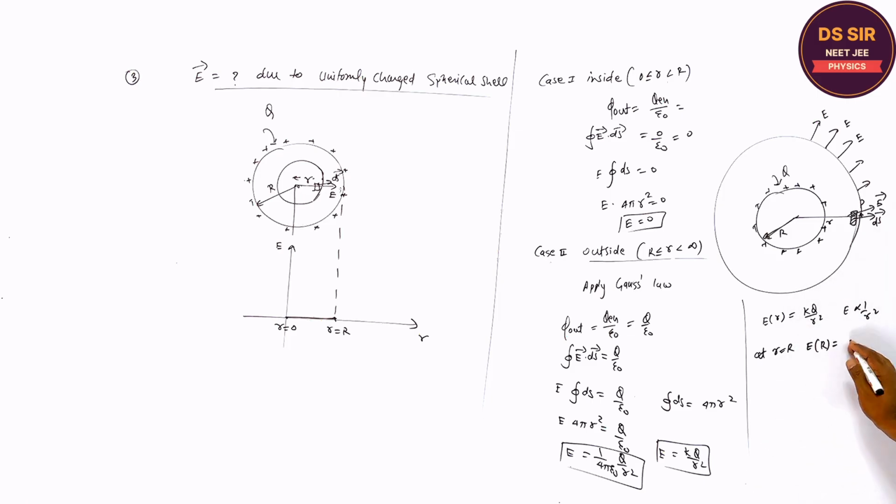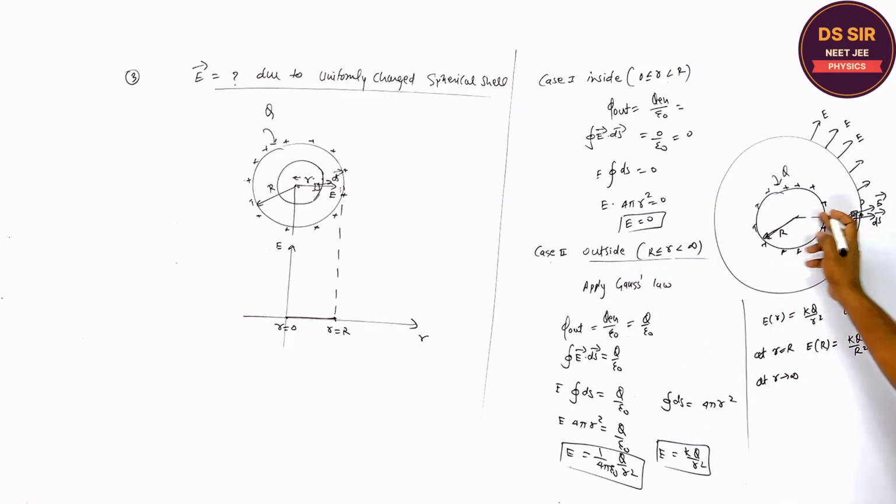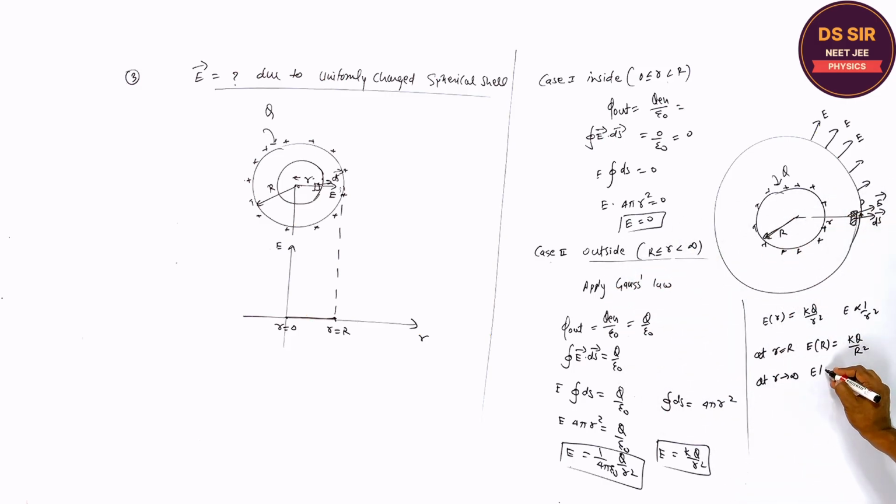At r equal to capital R, KQ upon r square is the electric field. At r tending to infinity, at very far away, the electric field is KQ upon infinity, and 1 upon infinity becomes 0. Here the electric field varies inversely proportional to the square of the distance.